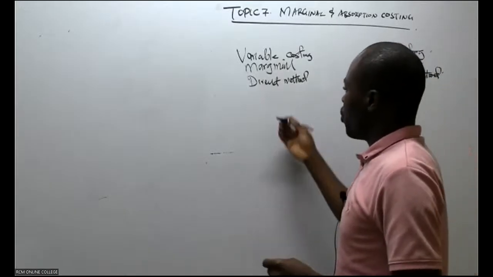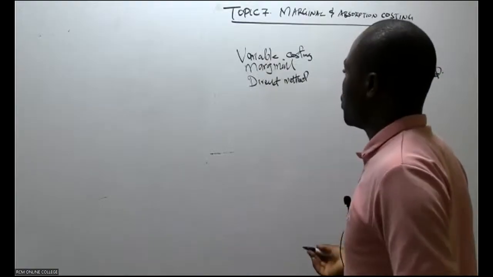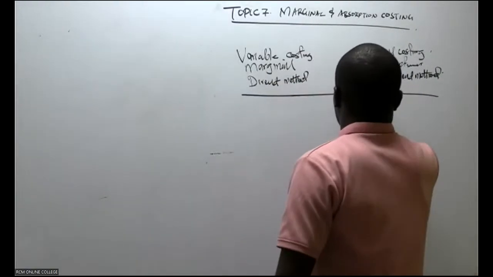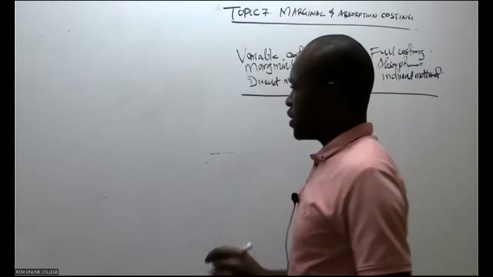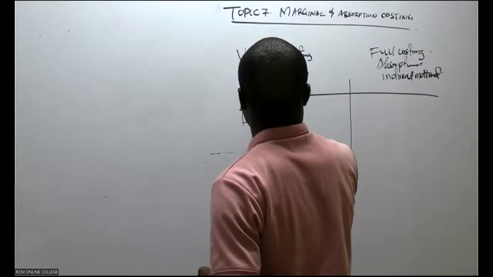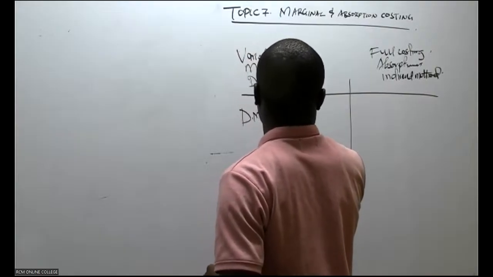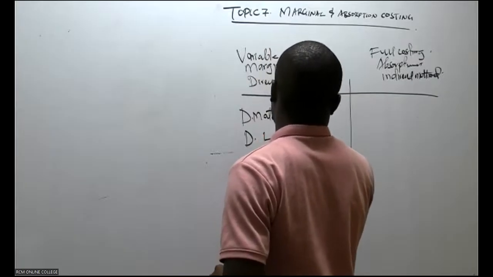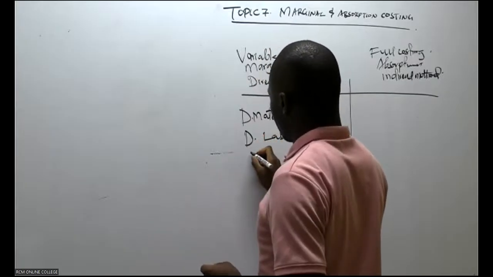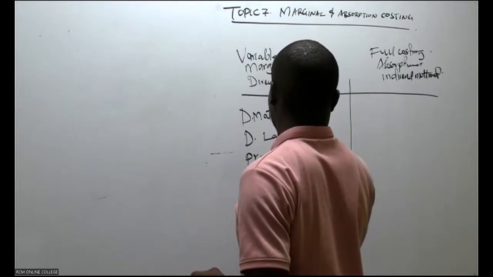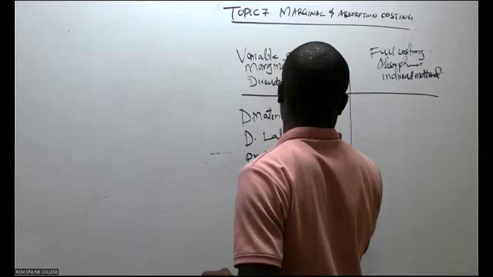How do we get the cost of the products under marginal costing? Remember what we said the other day: to get the cost of a given product, we have direct material, direct labor, plus any other direct cost to arrive at what we call prime cost.